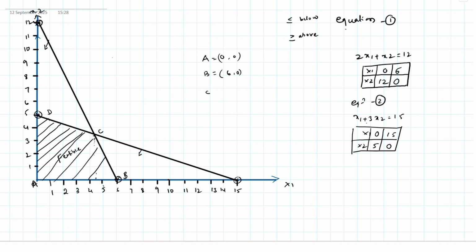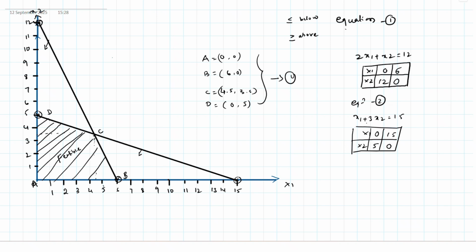Along the x-axis it is around 4.5, and along the y-axis it is around 3.5 approximately. I am taking it approximately; when you go with the graphs, that time you will get exact results. And at point D, the coordinates are 0 comma 5. So we got all the four coordinates for the four corners.